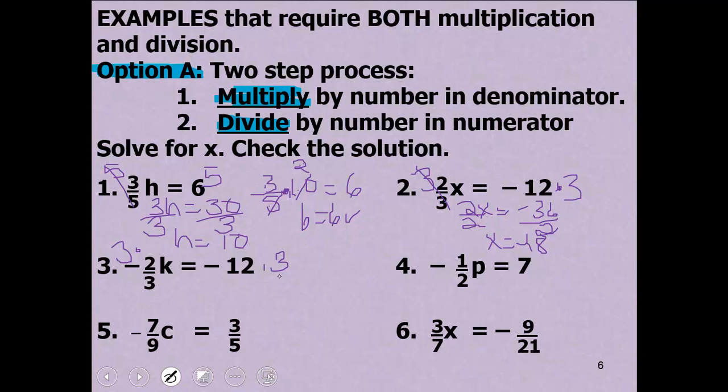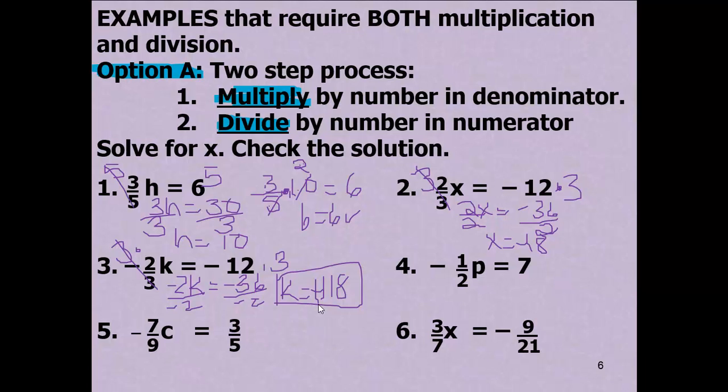Okay, so I'm left with negative 2k equals negative 36. Now divide by negative 2. And I get k is equal to a positive 18. That's a positive 18. Negative divided by a negative is a positive. Try number 4 on your own and come back when you're done.